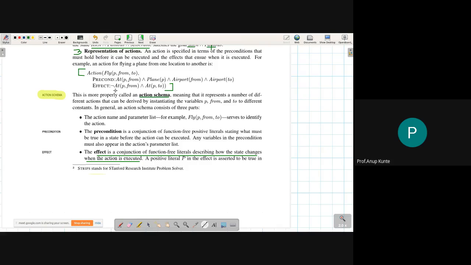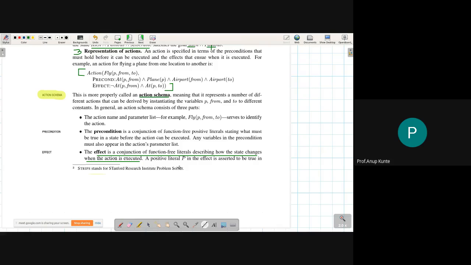And not At(P, from), we do not use any negative literals in STRIPS representation. That's a strict thing in the STRIPS representation. We never use negated literals. We always use positive literals.